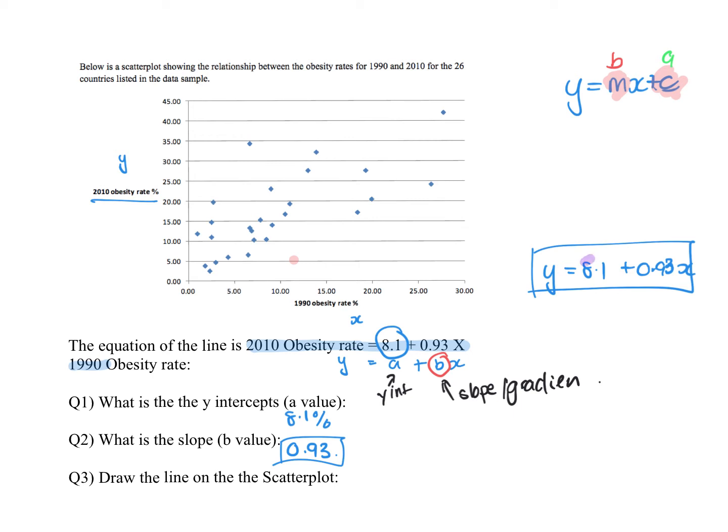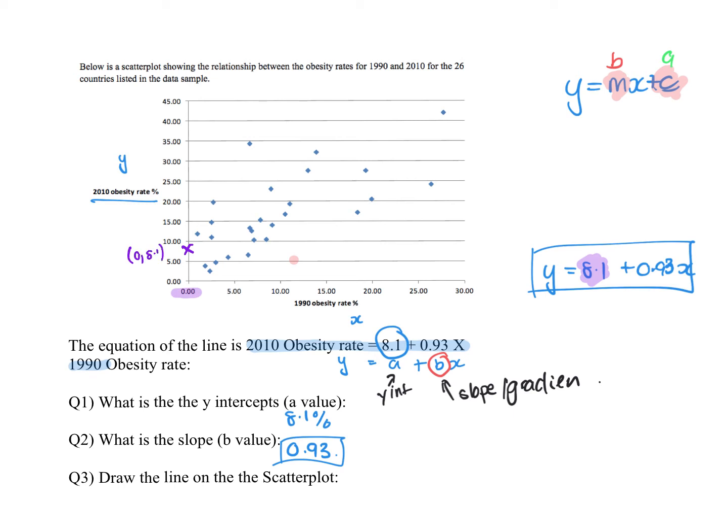We can see the a value is 8.1. We'll double check that this axis is 0, which it is. So you can go up and mark your first point of 8.1. I'm going to say roughly there. All right, so I'm saying that's 8.1.